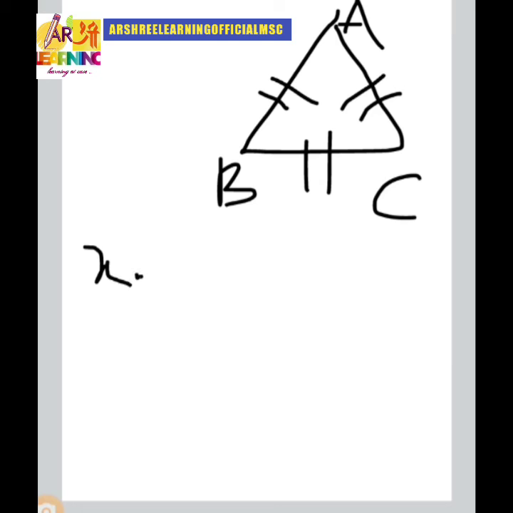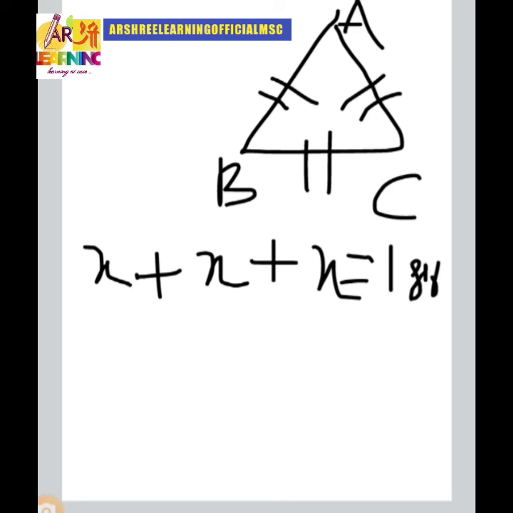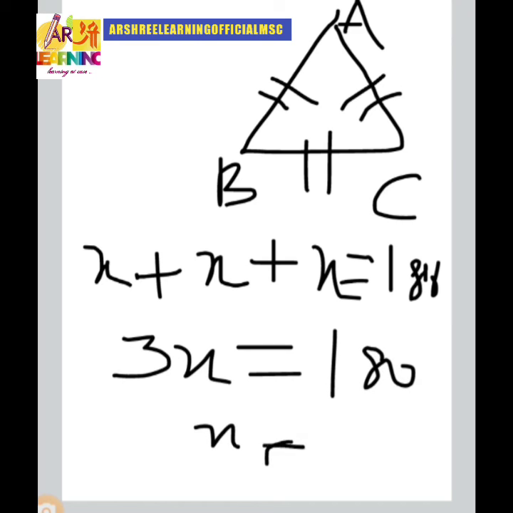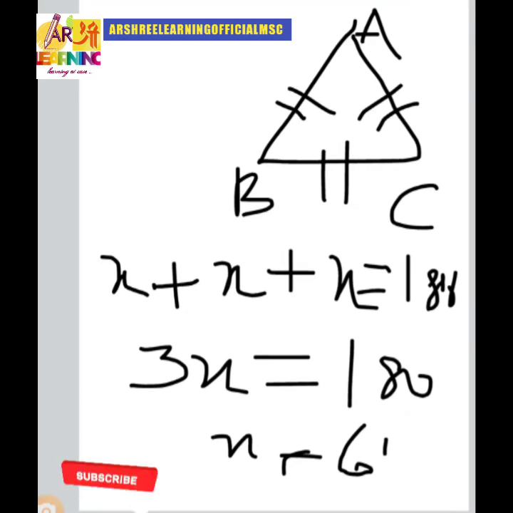If we suppose that all the three equal angles are x, then x plus x plus x will give you 180. x plus x plus x gives you 3x. 3x is equal to 180, so x is equal to 60 degrees.